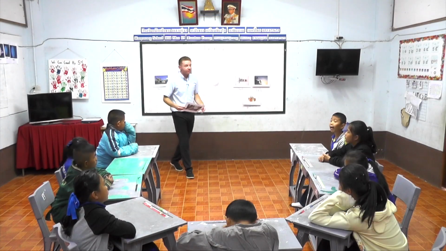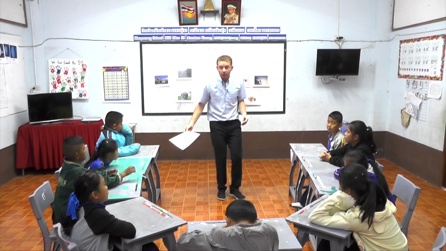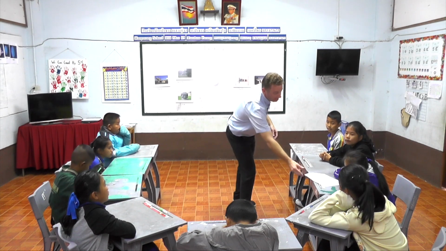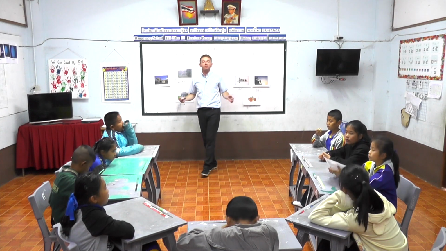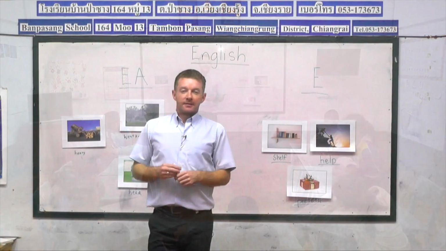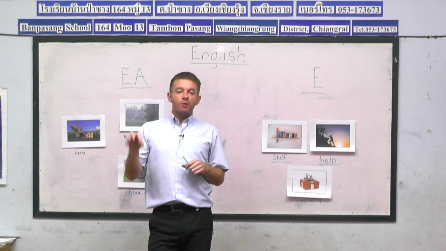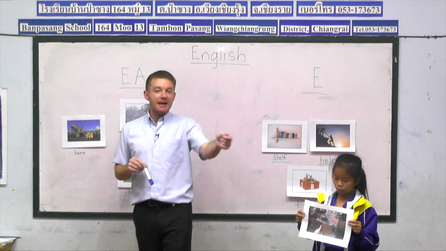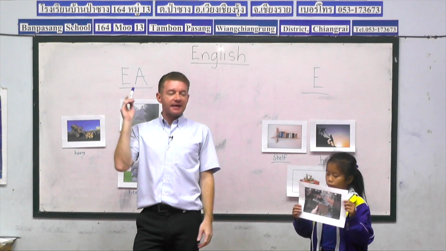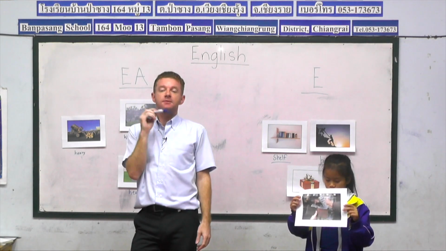We've still got a few flashcards left, so let's see who can go next. Next, it's Prow's turn. So Prow, come and join me at the front of class, please. Now, who can remember what this word is? When we have to use money to buy things, spend. Well done, Lakgao. But do we spell spend with E-A or E? Correct.